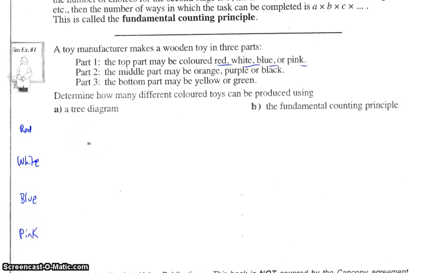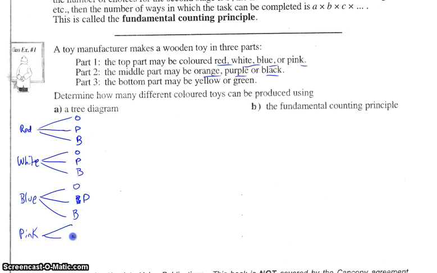And then for each one of these colors for part 1 you would then have a different middle part, which could be orange, purple, or black. So from each of these you would have branches coming off, hence the name tree diagram. And each one of these branches is for orange, purple, or black. I'm just abbreviating now.